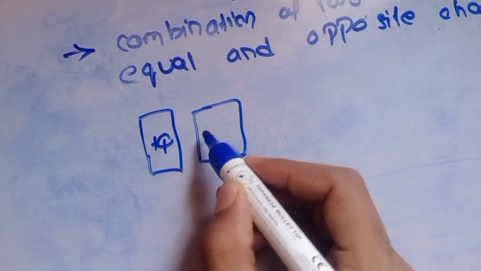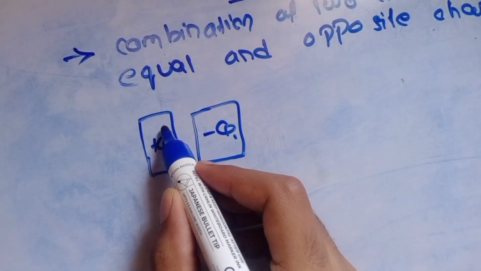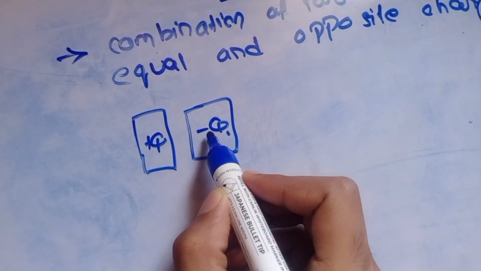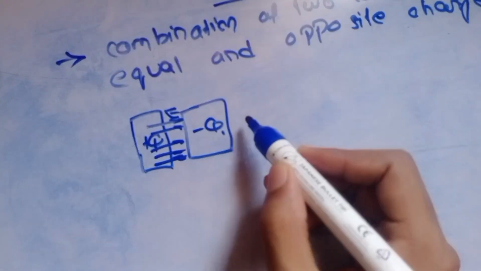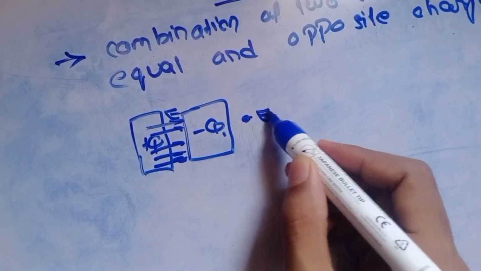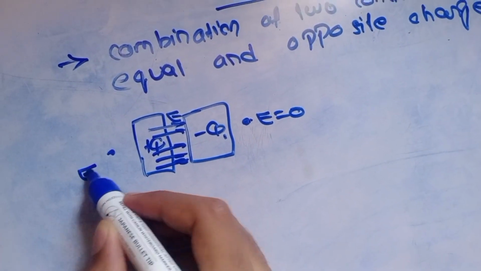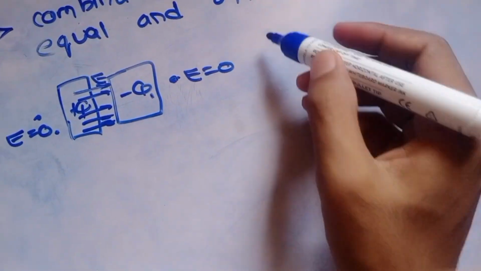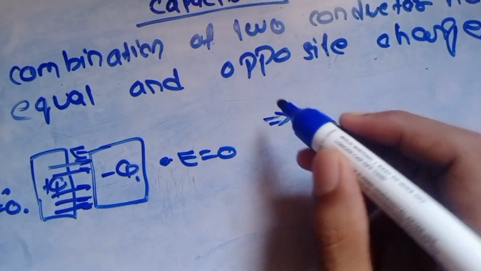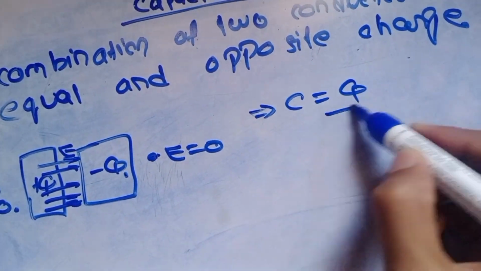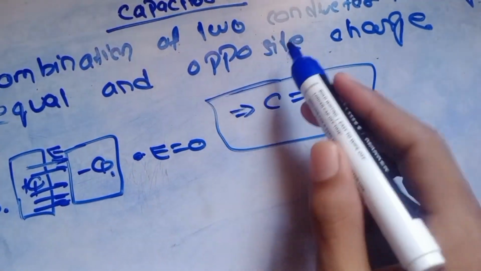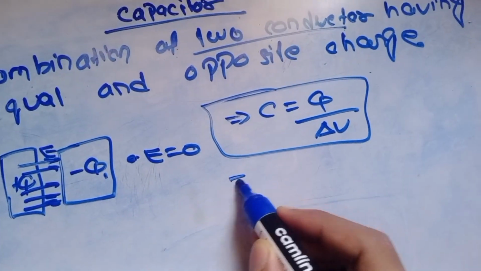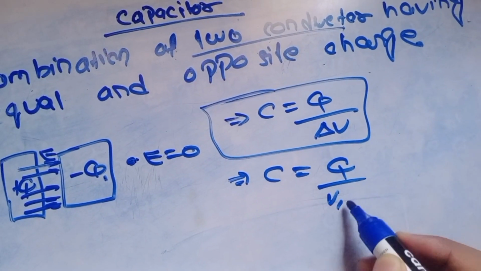This is plus Q, this is minus Q. Electric field arises from plus Q and ends at minus Q, from here to here. This is the electric field, and outside the capacitor, the electric field is 0. Now, the formula of capacitance of a capacitor of two conductors is C equals Q by delta V. So C equals Q by V1 minus V2.